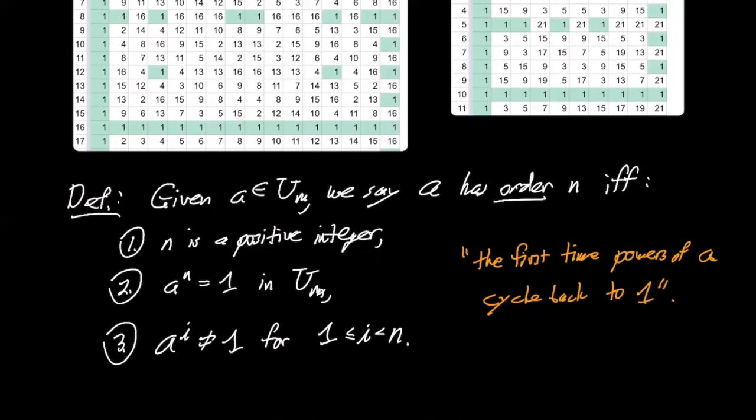We know they always end up back at 1 eventually, but this is the first time it happens. So that's the definition of order.